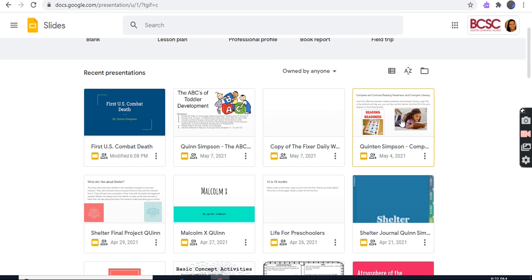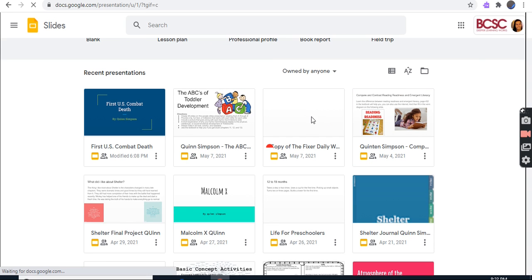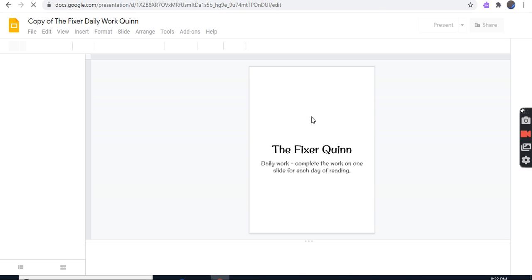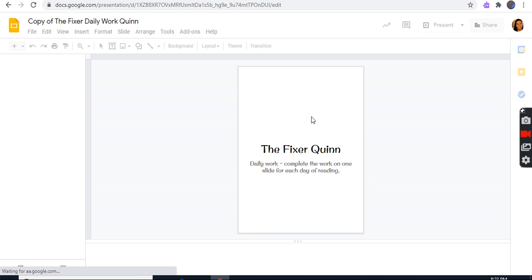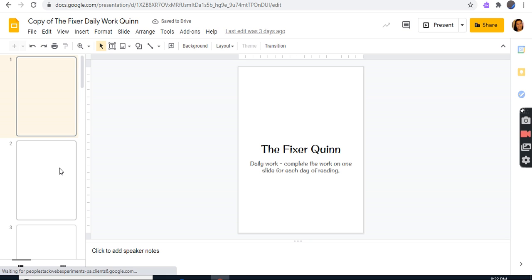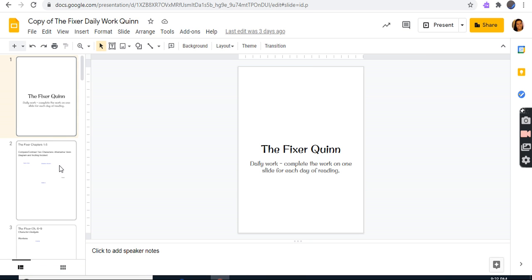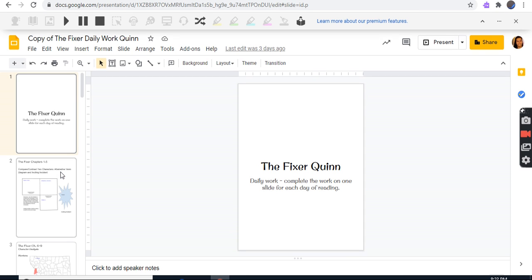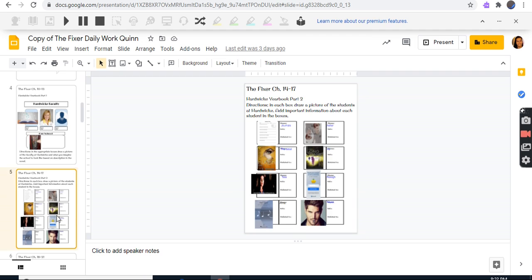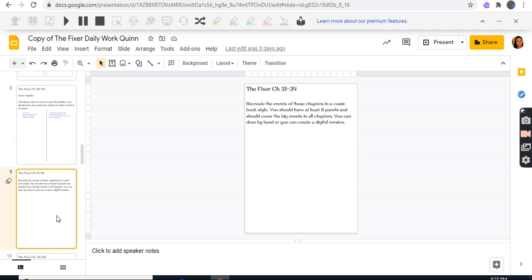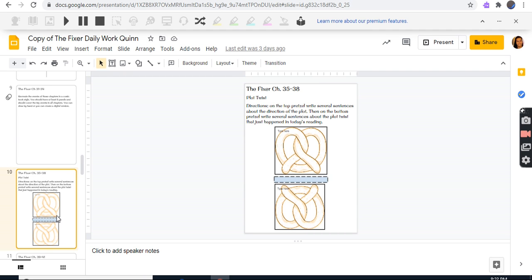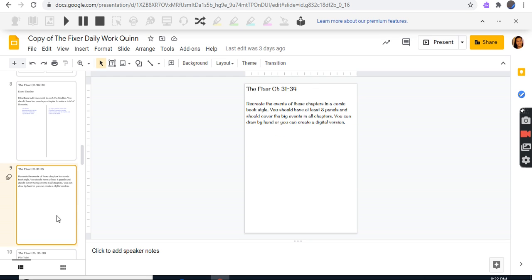Okay, so let's do the fixer, because I'm going to miss doing the fixer, since I have to do that until like May 19th. May 19th is when I turn in my Chromebooks. So, 8 panels.